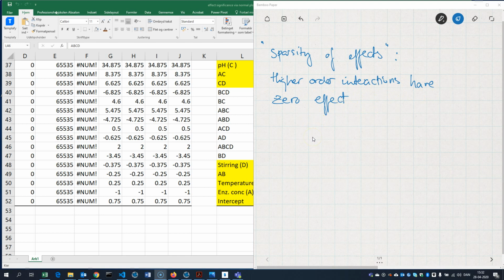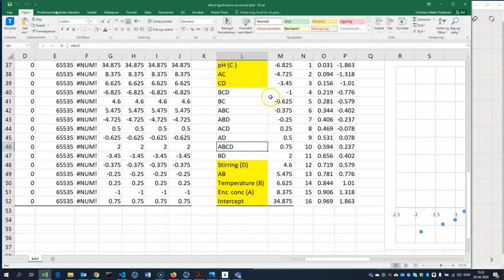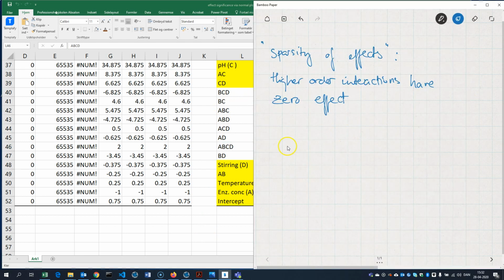We will exploit this because that gives us an opportunity to use these data for the higher order effects to estimate the variance of the experiment, of the response. So what we will do is make a variance estimate. Sometimes we call that sigma hat square.